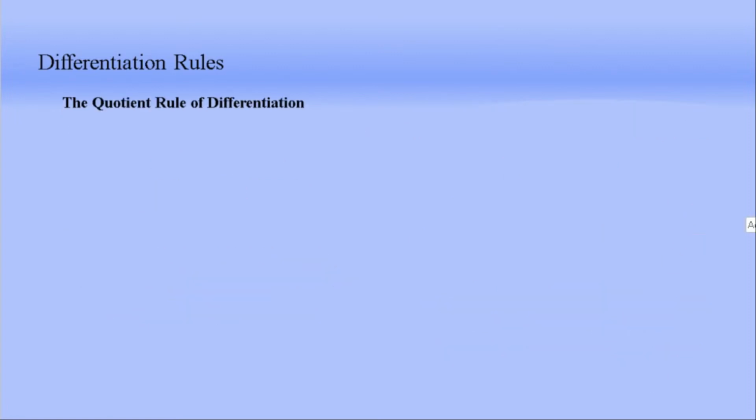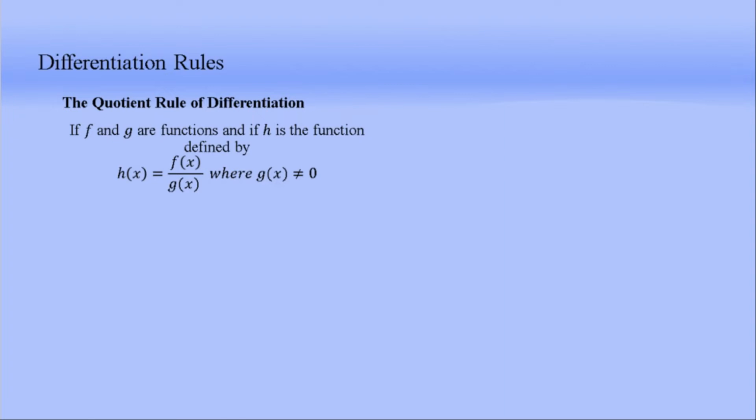Second, another rule is the quotient rule of differentiation. So this rule states that if f and g are functions, and if h is a function defined by h of x equals f of x over g of x, where g of x is not equal to 0, then if the derivative of f of x and the derivative of g of x exist, we have this formula.